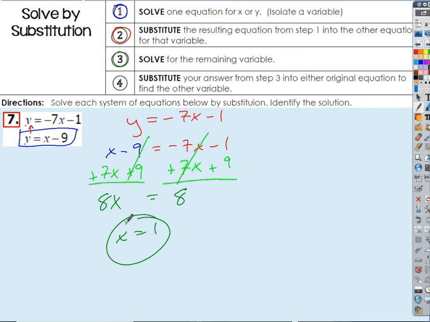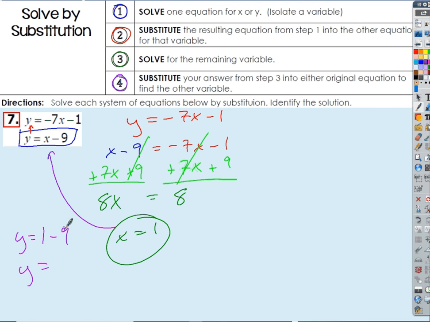Am I done? No, because now I have to substitute that, right? That's why we want the box around the substitution equation. So I'm going to substitute my value of x back into the boxed equation, and what do I get if I do that? Yeah, I'm going to get y equals 1 minus 9. So what's y equal to?